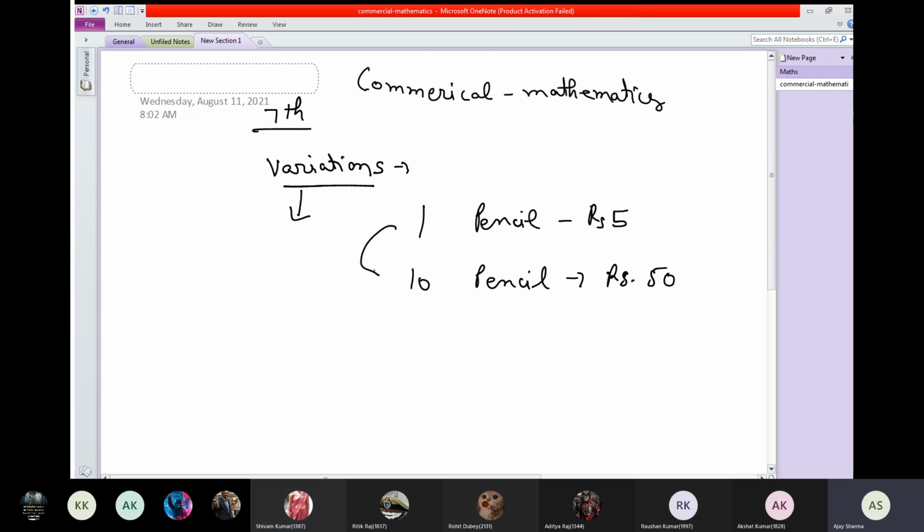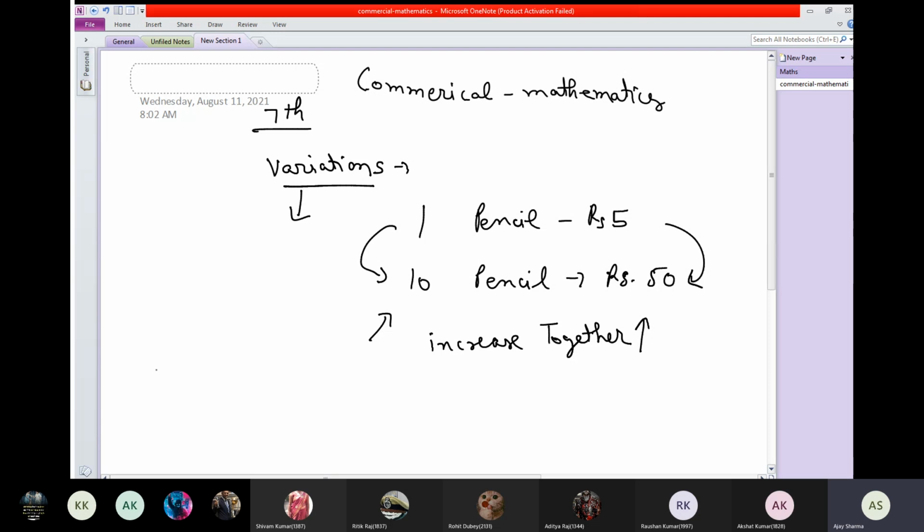Now what you see, the number of pencils increases, and here the price also increases. This is one variation. That means both the quantities increase together.